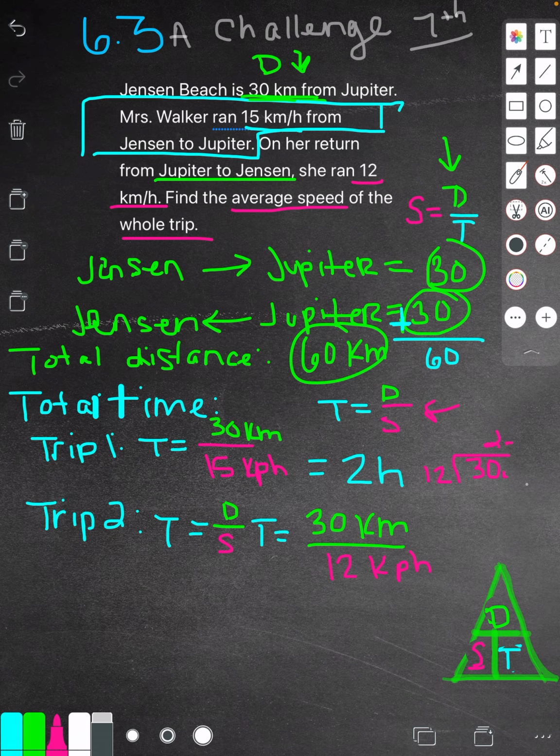We know it'll be 2. It's 24. We subtract. You end up with 6. We add a decimal and bring down our 0, 2.5. You could write that as a fraction if you wanted to, which would be 2 1/2. I'm actually going to keep it as a decimal.